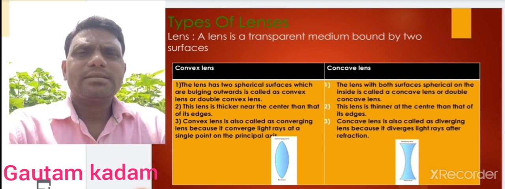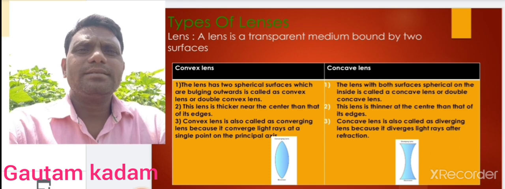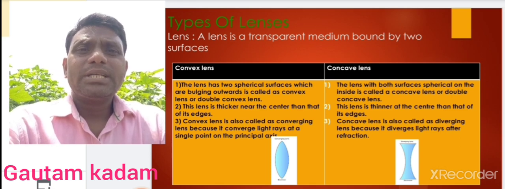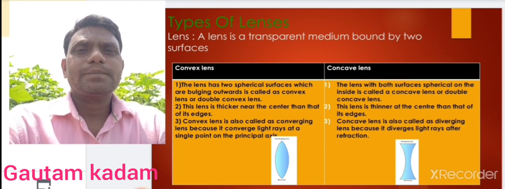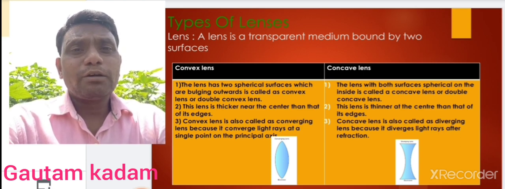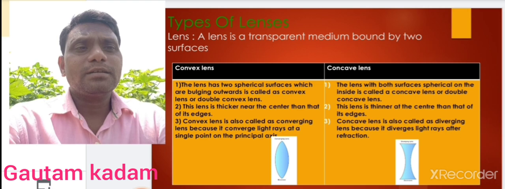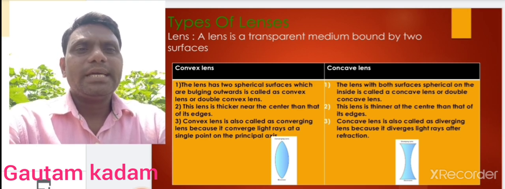Convex lens is thicker at the center, but it is thinner at its edges. Concave lens is thinner at the center than at its edges.